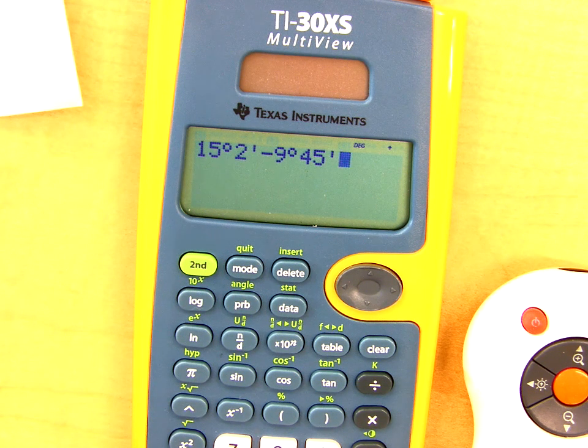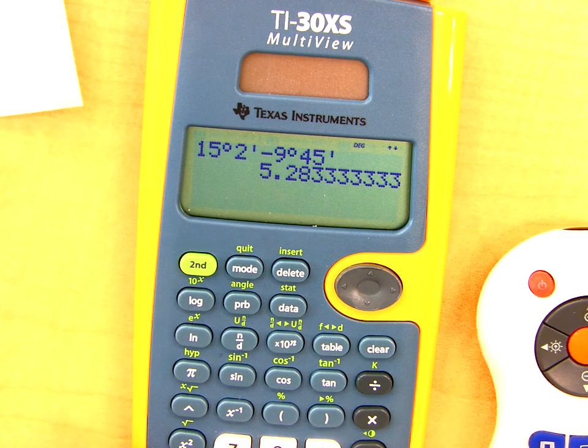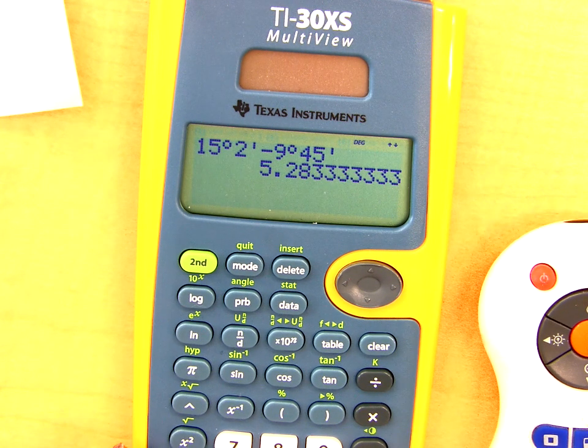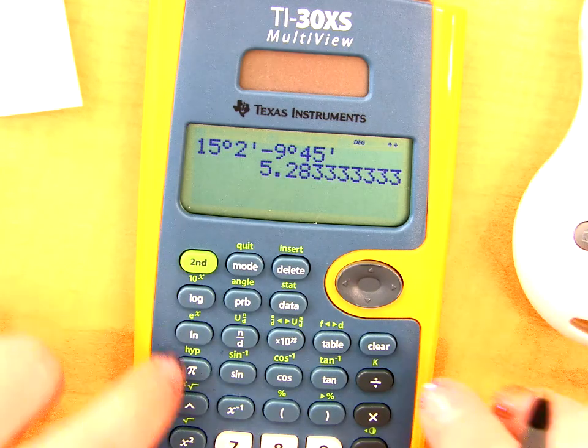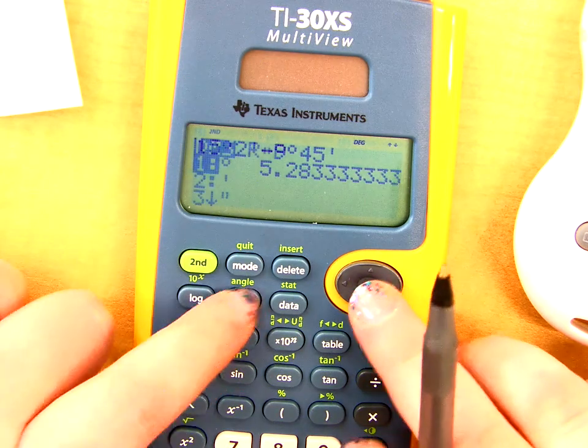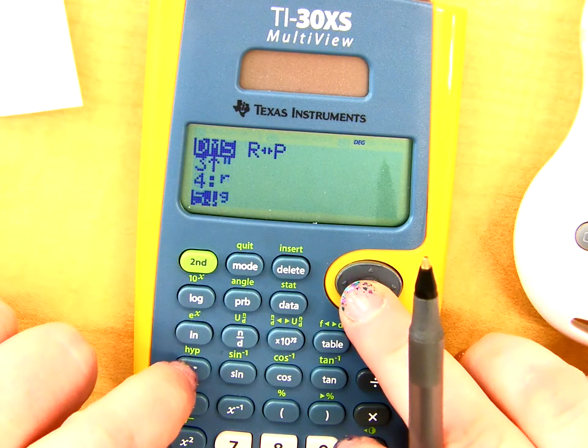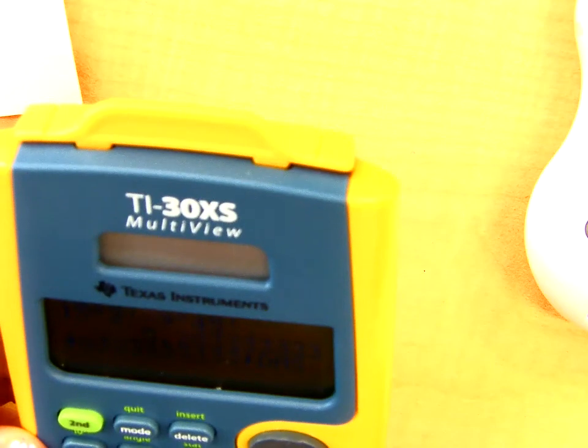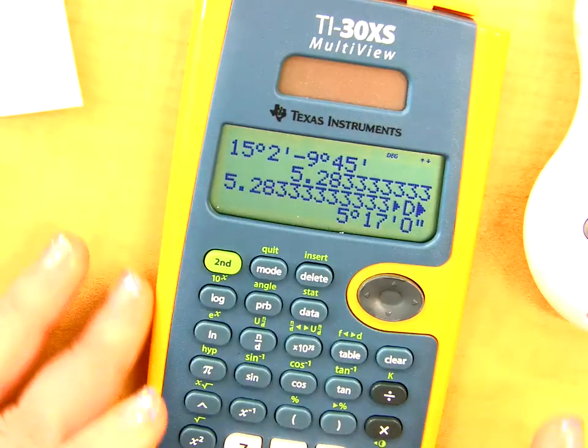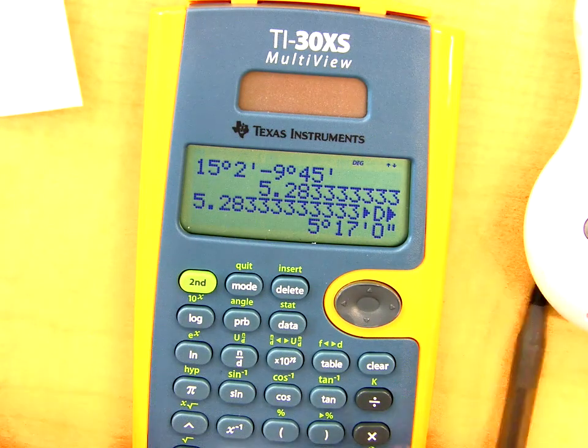So I can put it all in there at once, and then we hit enter. Now, it's giving it to me as a decimal, but I believe you can turn it into degrees. Let's see if I remember how to do that. Yes, okay, good. So you have your answer.